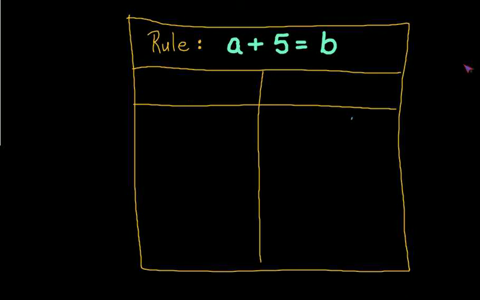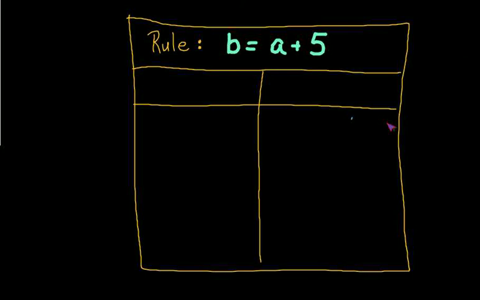And sometimes we have to remember that this equal sign means that the value on both sides of that equal sign is the same. So we're used to seeing it a little bit like this, but sometimes students are thrown off when we just reverse those, and I'll show you that one. If we see B is equal to A plus 5, it's the exact same relationship. It's just written with those switched around.